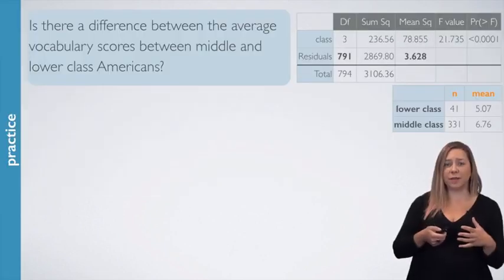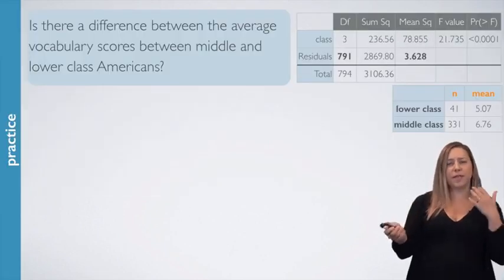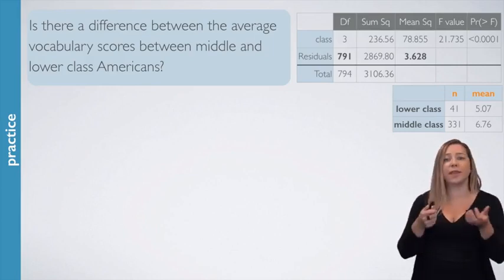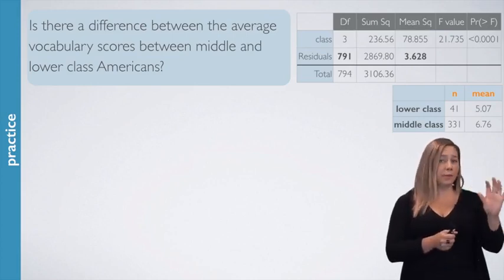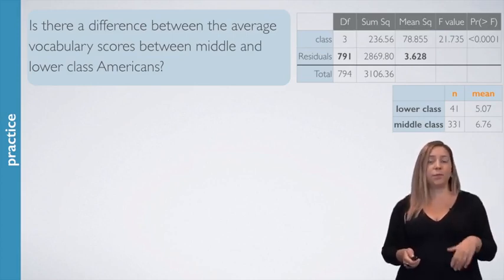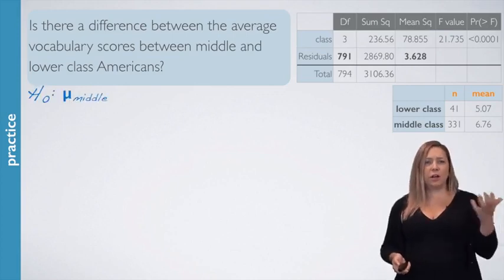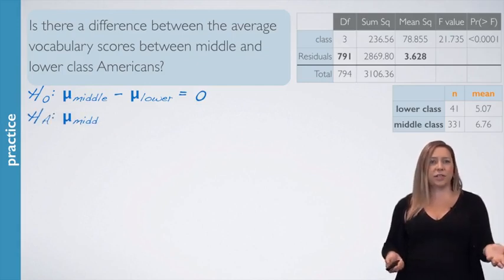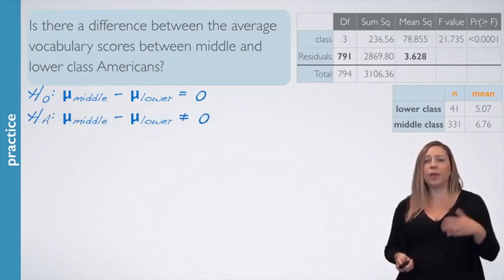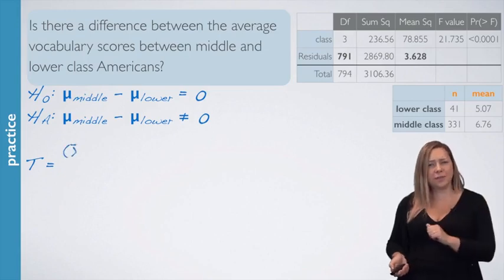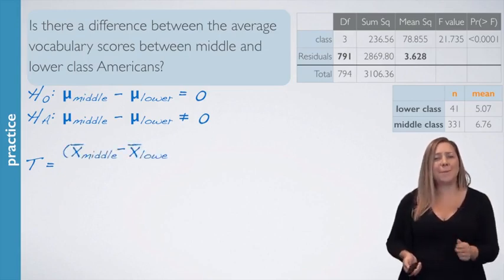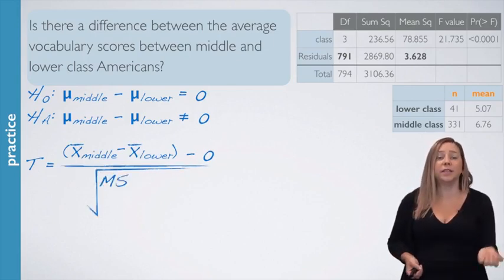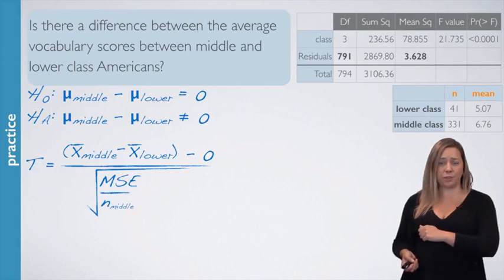So let's put all of this information together, pick one of the pairs of groups, and do the comparison. Is there a significant difference between the average vocabulary scores between middle and lower class Americans? Our hypotheses are, in the null hypothesis, there is no difference. The averages are equal, and the averages are different for the alternative hypothesis. We calculate our t-score as the difference between the two group means minus 0, our null value, divided by the standard error, calculating the mean square error from the ANOVA output.